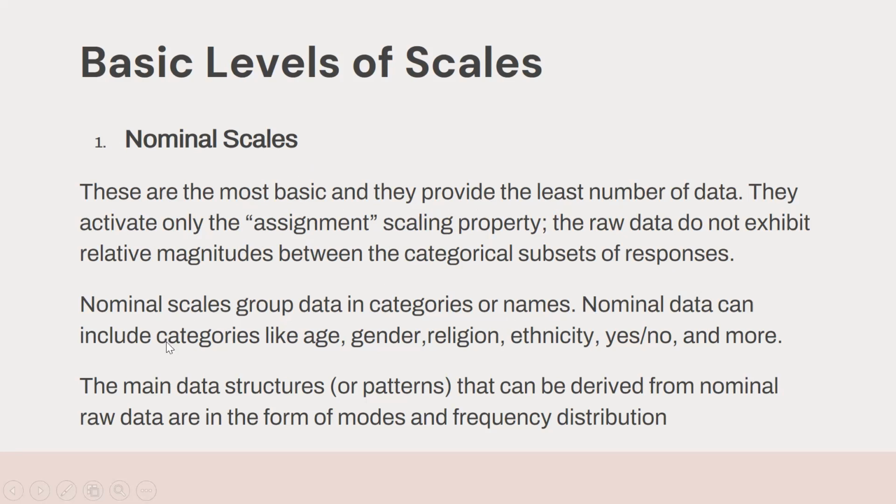Nominal data can include categories like age, gender, religion, ethnicity, yes or no questions, and more. So the main data structures or patterns that can be derived from nominal raw data are in the form of modes and frequency distribution. So sa nominal scale, it's a level of scale of measurement ng categories only.